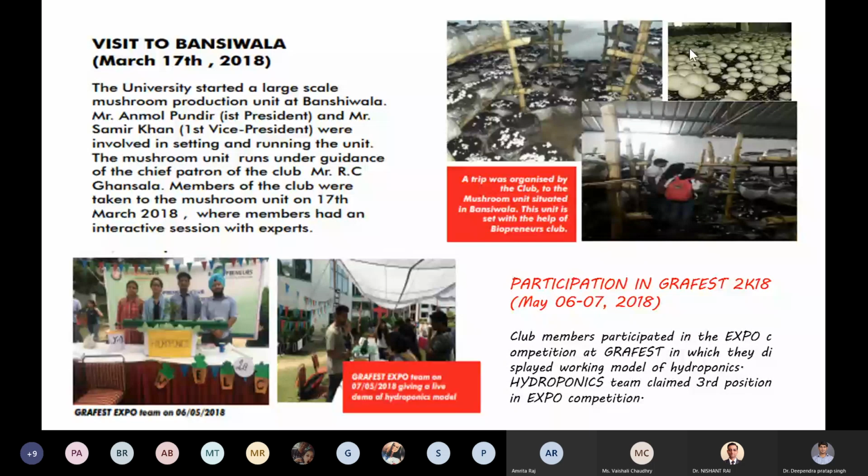Okay, so apart from mushroom cultivation, we also focused on hydroponics.